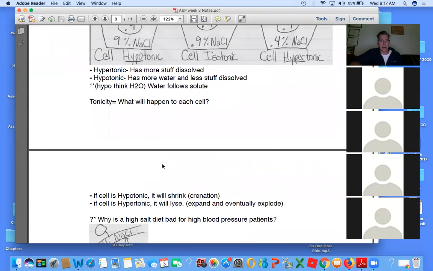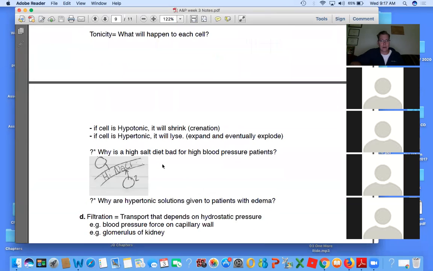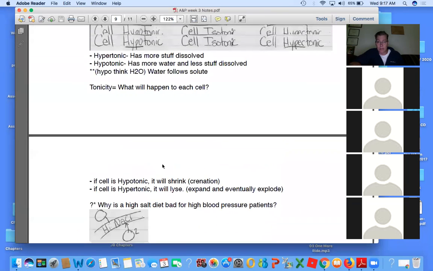I would write down and circle something known as a golden rule. Everyone's got to have a golden rule in life, a motto. I hope all of you have a motto. And this is your new motto for today. Water follows salt. Just write it down, memorize it. Put a star, circle it, and write it right here. Water follows salt.